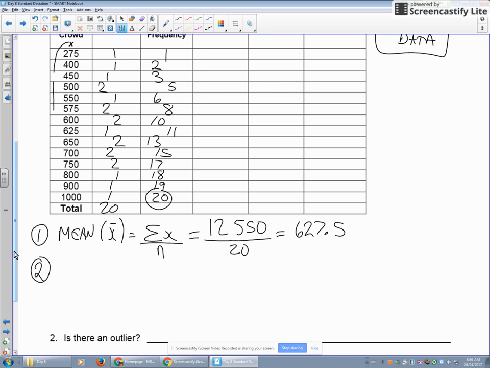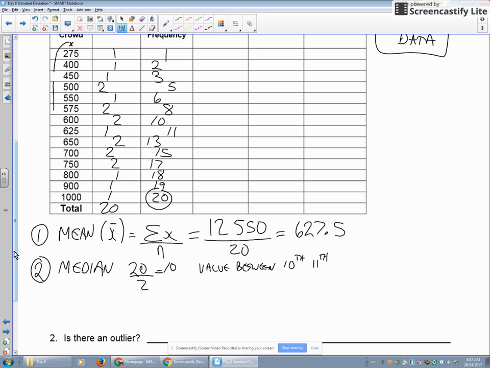Second, we have to look at our median. So we know that there are 20 people that are making our estimate. It's an even number. Half of 20 is equal to 10. So we are now looking at the value between the 10th and the 11th estimates.